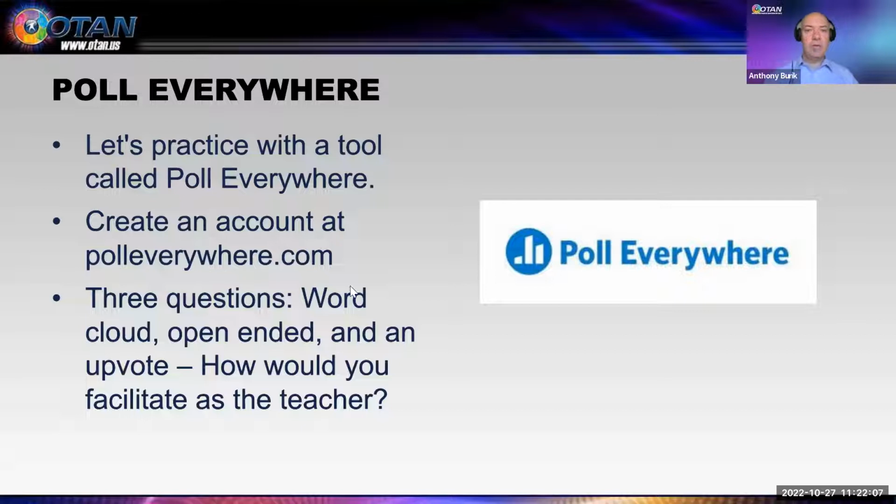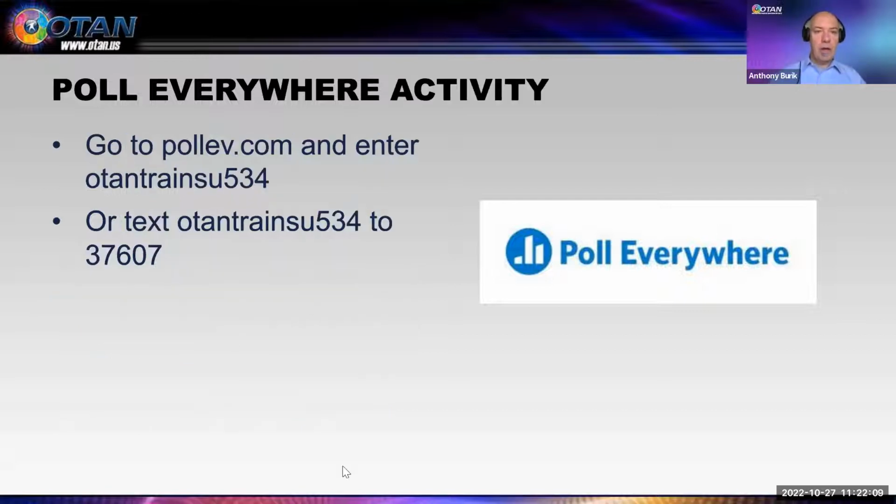All right, here's what we're going to do. As the students, you're going to go to this address here, pollev.com. This is the student side. You're going to enter this code, OTAN trains you 534, or you're going to text OTAN trains you 534 to the number 37607.